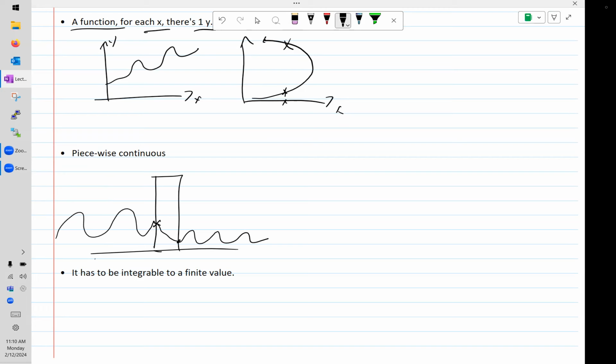What's happening here is that the probability for it to be from one side to another side of a barrier has to be continuous, because it doesn't make sense for you to have a very high probability here and nothing here, at a barrier where you have an infinitesimal change in position, but then the probability just cuts. That is not continuous. So that's what it means by piecewise continuous. Okay.